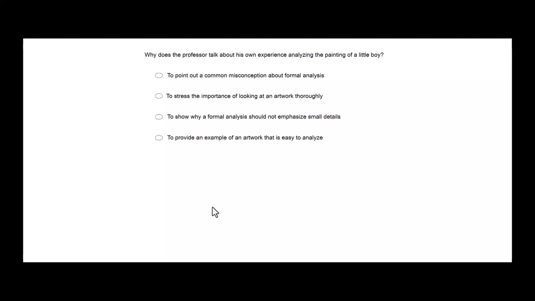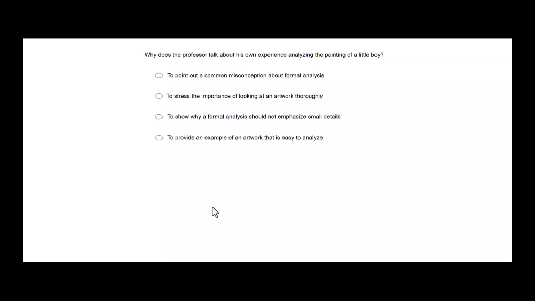By the way, the painting that the professor visited was a difficult one to analyze because, firstly, the professor thought that the author of the painting had painted it to demonstrate the innocence of children.